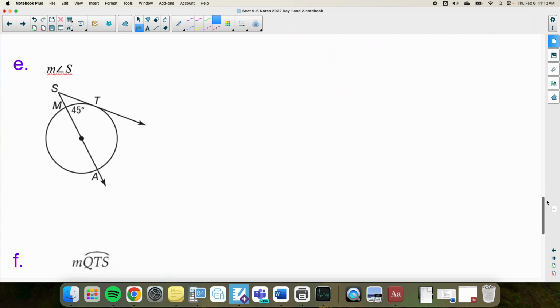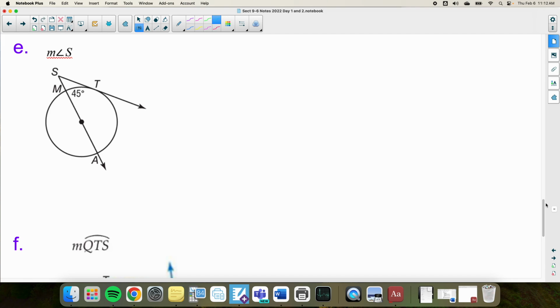All right, so if I look at this, do you guys know how much this would be? Yes. Isn't this a diameter of the circle because it goes through that center? So that means this arc plus that arc is going to add up to 180.